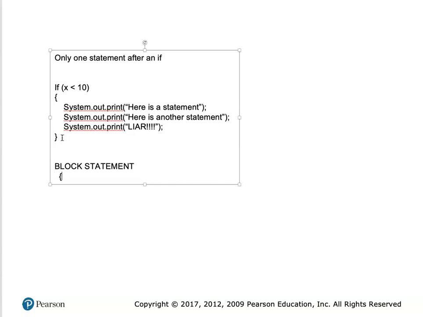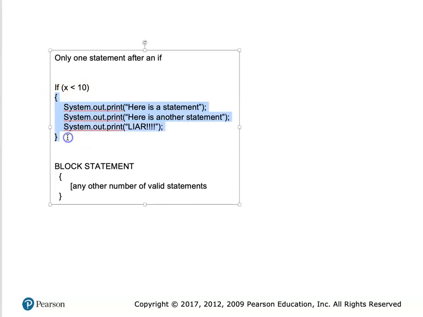By definition, a block statement begins with a curly brace, then any number of valid statements inside of it, and then it has to end with a matching curly brace. So this all right here is the one statement that's after the if.